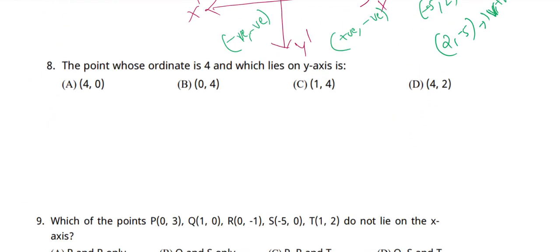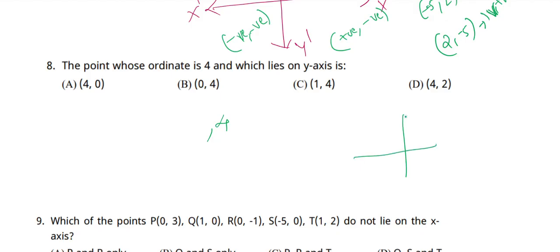Next, the point whose ordinate is 4 and which lies on the y-axis is. The point whose ordinate, meaning y coordinate, is 4 and which lies on the y-axis.